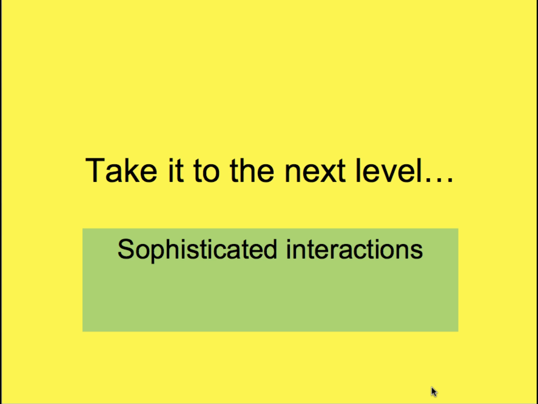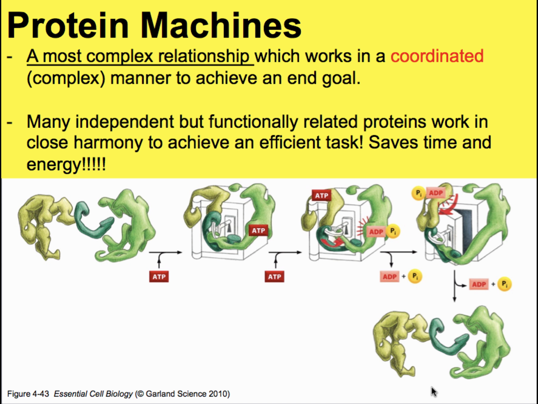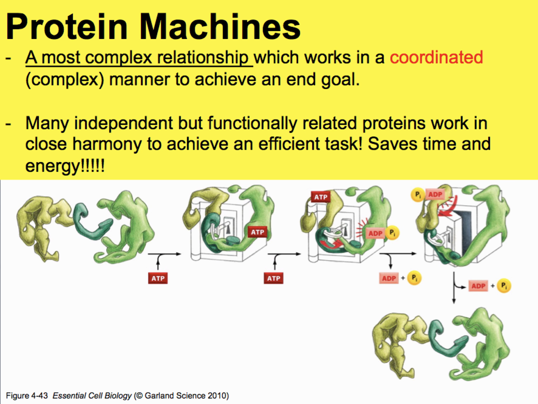The most sophisticated examples of protein interactions are provided by things known as protein machines. Protein machines represent an evolved complex relationship between a number of different proteins, both in their interactions and in the timing of those interactions.